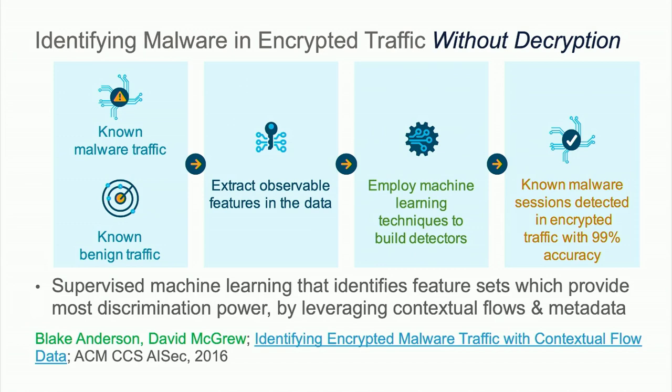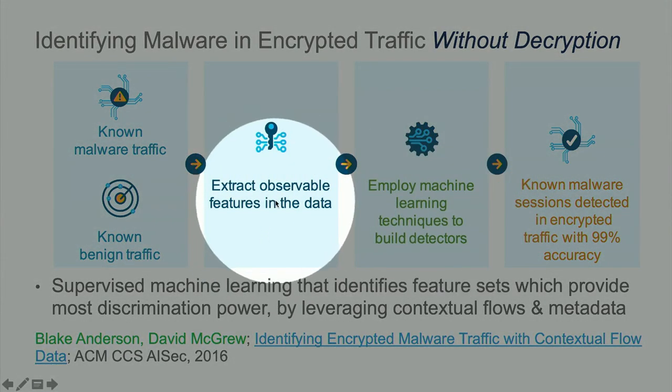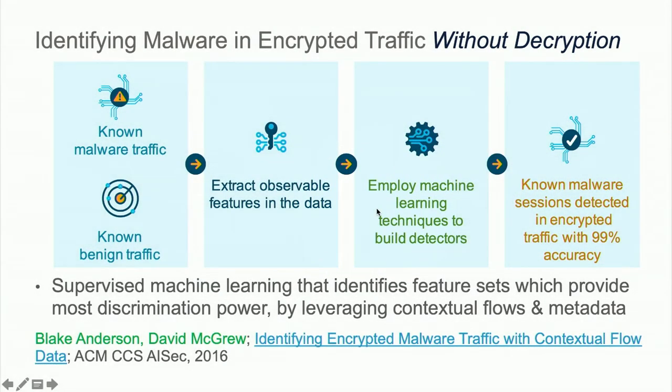From that, we try to extract the observable features in the data, and then try to identify which features are the best for discriminating between malware and benign traffic. Okay? And by doing that, they're able to create a detector which had an accuracy greater than 99%, okay, for detecting malware in encrypted flows. More details are in this article, which was on AI for Security conference.